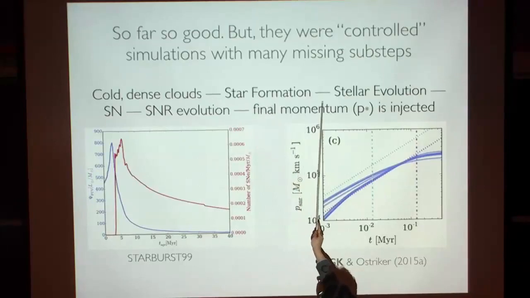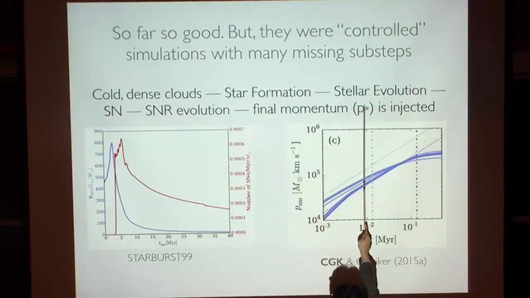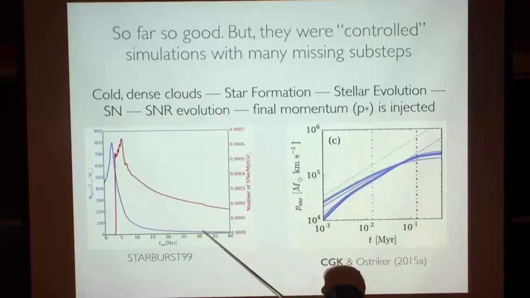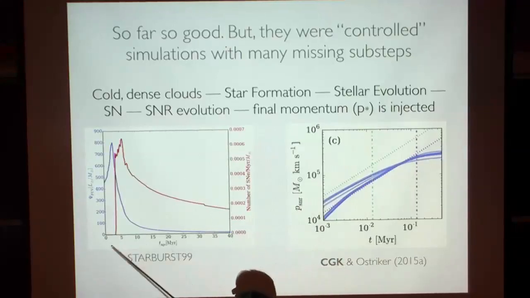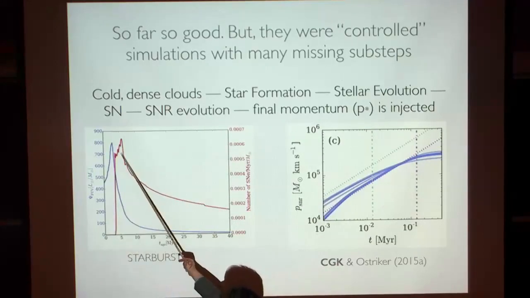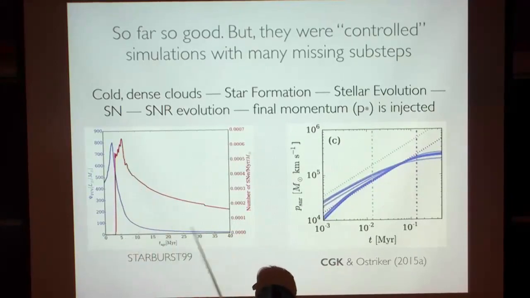But after the star formation, there is stellar evolution, which we can track with a simple starburst population synthesis model. It will give us the supernova rate as a function of age, and the UV radiation as a function of age.